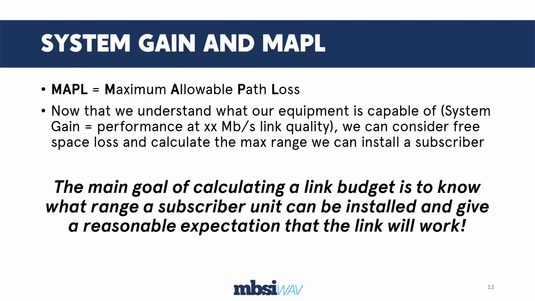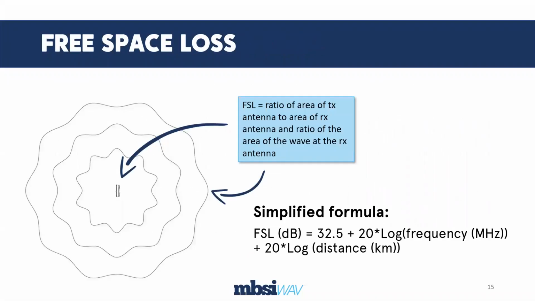So if we have a system gain of, let's say, 140 dB, and we need 20 dB for the signal level that we want to be able to pass, then our maximum allowable path loss is 120 dB. Then we can work this backwards into this formula, which I'll do in the worksheet.